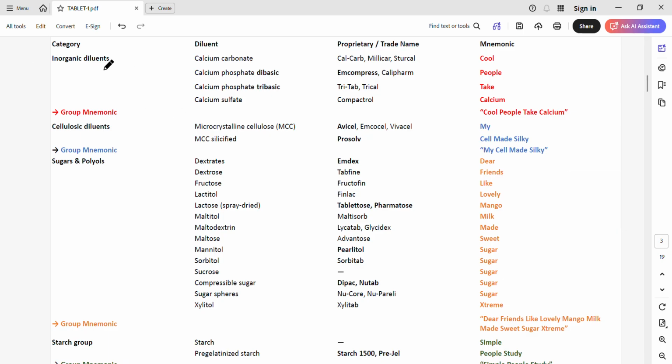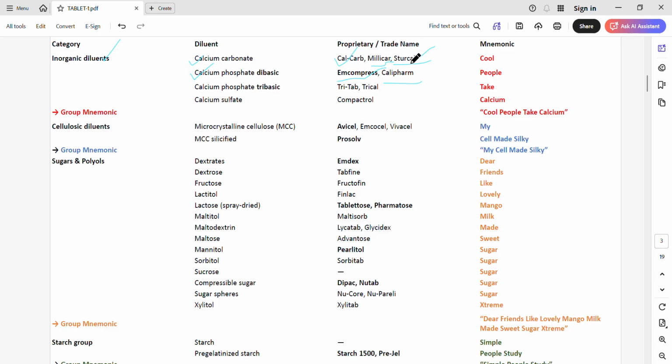There are subcategories of the diluent. For the inorganic diluent: calcium carbonate, whose trade names are Calcarb, Millicarb and Stochural. Then calcium phosphate dibasic, which is Emcompress, and Caliform, the trade name.